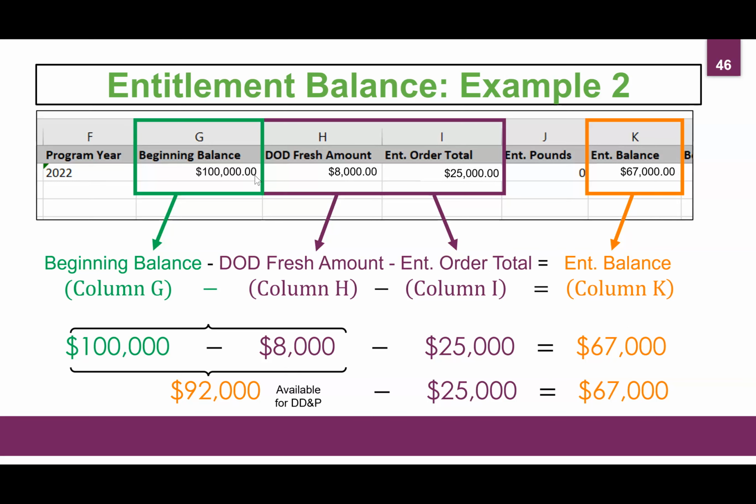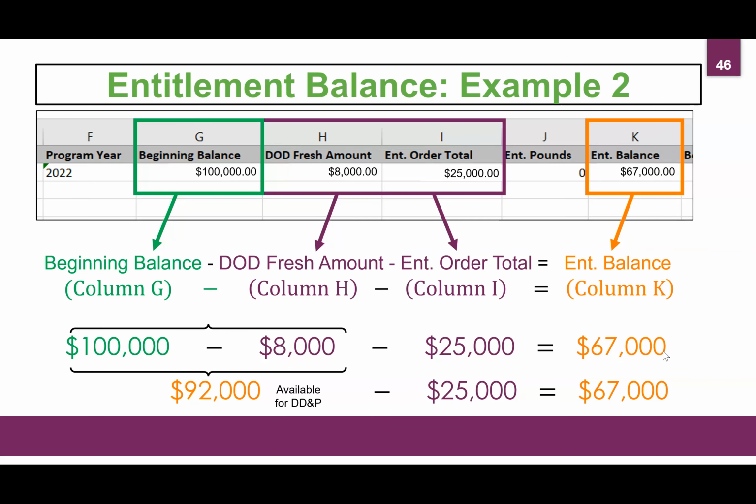Keep in mind that the 8,000 for the DOD fresh will still be there, because you haven't used any of that as of yet, but you did use entitlement, which was 25,000. That was taken out of the 92,000 that was left, and that is how they got the 67,000. So 25,000 from 92,000 equals the 67,000 left for the entitlement balance.